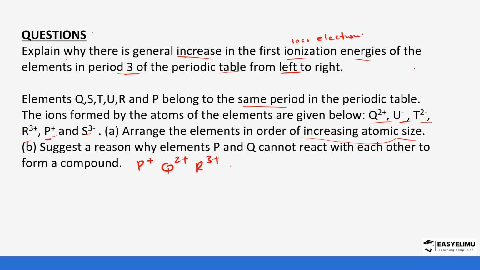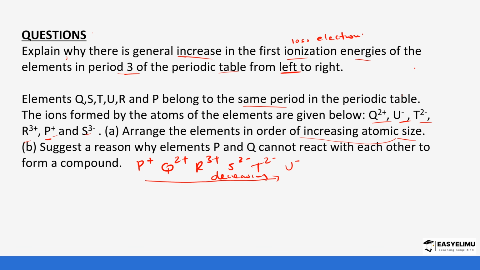And then we go to the one that is 4, we don't have it. So we go to the one that is going to gain 3 electrons, S3 minus. And then the one that is going to gain 2 electrons, sulfur, so it becomes T2 minus, and then chlorine, which is going to gain 1. So this is normally how it is, and the sizes are decreasing in this manner.